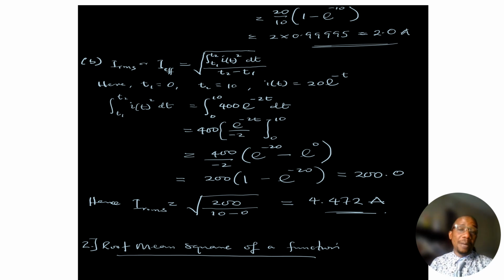For the particular problem we just solved for the average value, i of t is 20 e to the minus t. Solving using that same formula will give us 200.0 here. Then the RMS itself will give us 200 over 10. Finding the square root of that gives us 4.472 amperes. That is the RMS value of the current that this particular waveform represents.